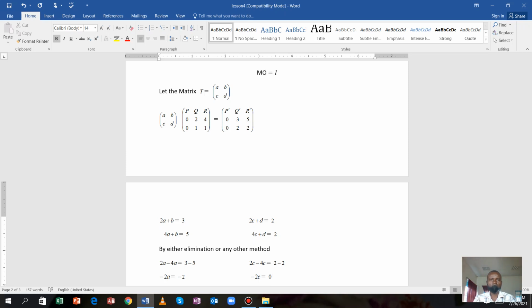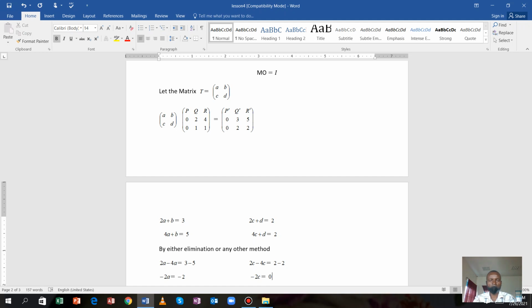A times 2 is 2A plus B times 1 equals 3, the image.